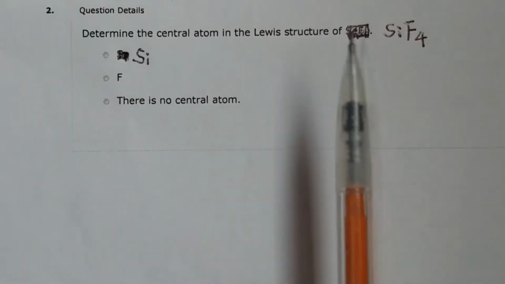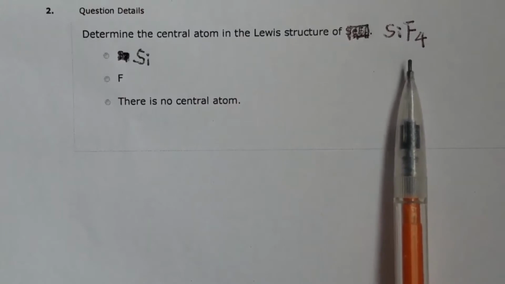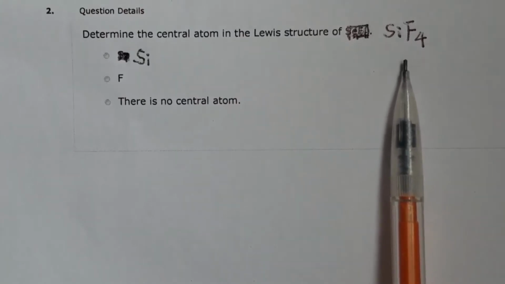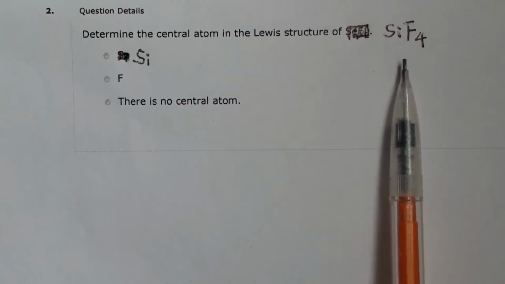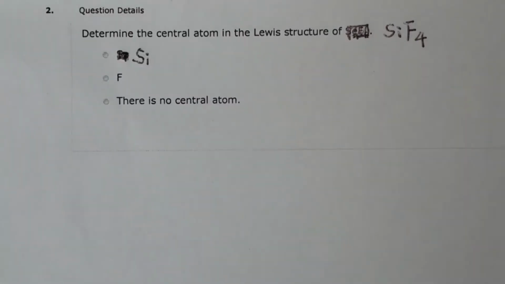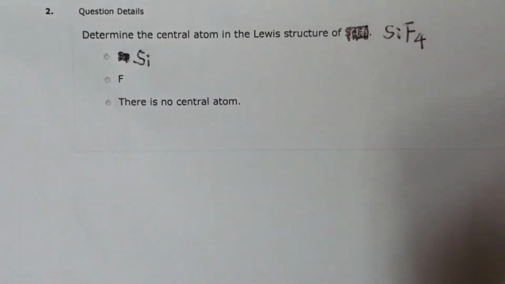There are two ways to solve this problem. The first one is a simple one. Most of the time it should be correct if you use this way, but not 100% of the time. In this case, what you do is write down the skeleton structure.